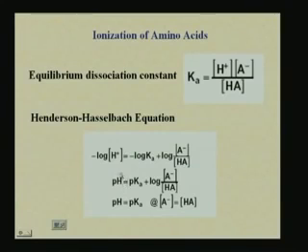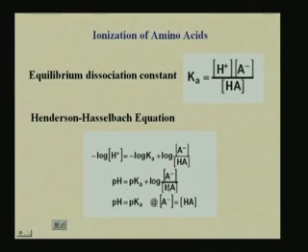So, what do I have here? I have the pH of the solution equal to the pKa, right. What is the pKa? It corresponds to this equilibrium, plus log A minus by HA. So, this is the base form, this is the acid form. Okay? That is the way we write what is called the Henderson-Hasselbalch equation.